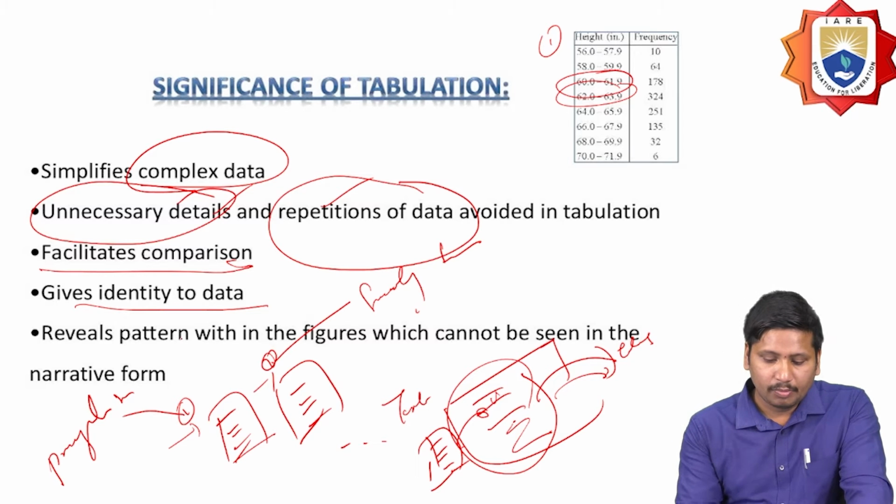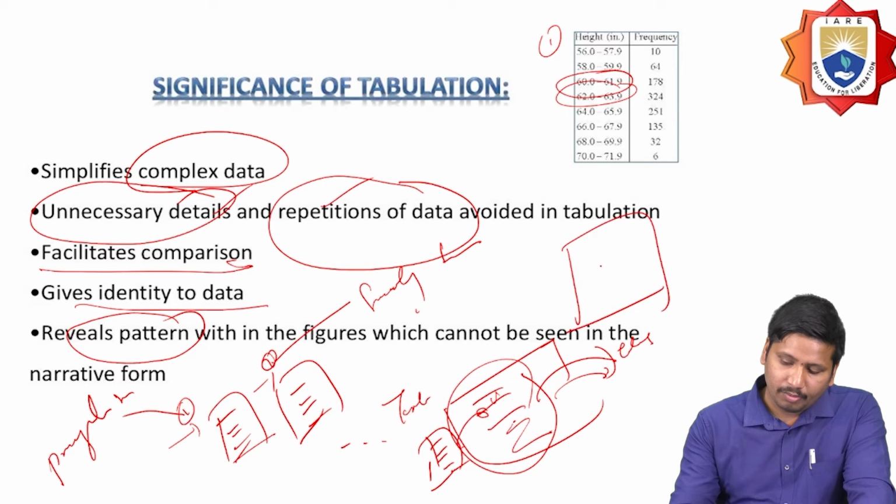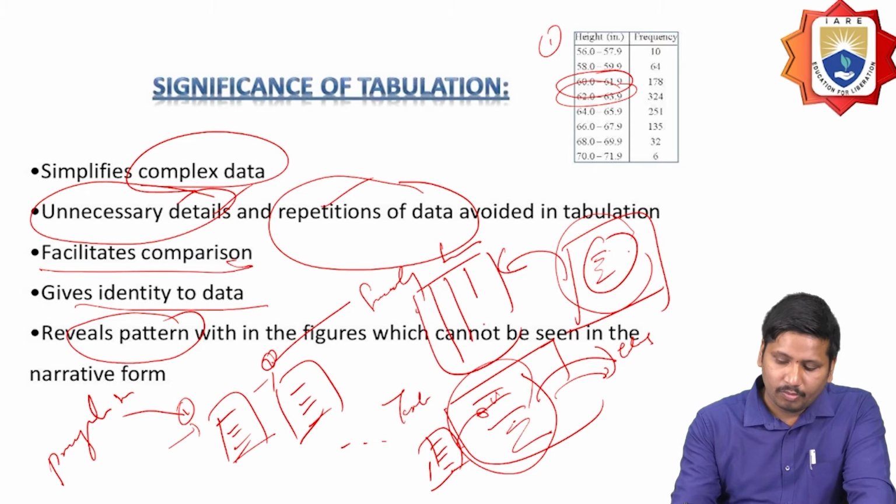It also reveals patterns in the figures which cannot be seen in the narrative form. And not only text: suppose an image has some information, that can also be represented in the form of tables.